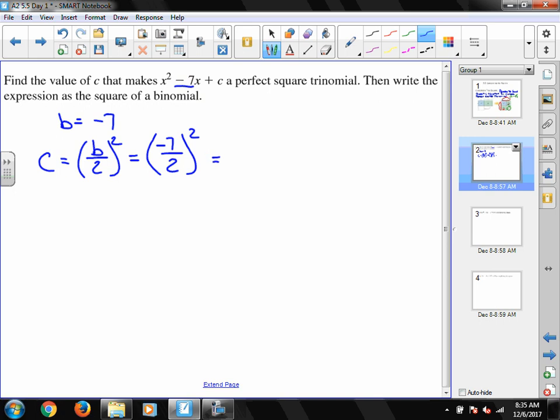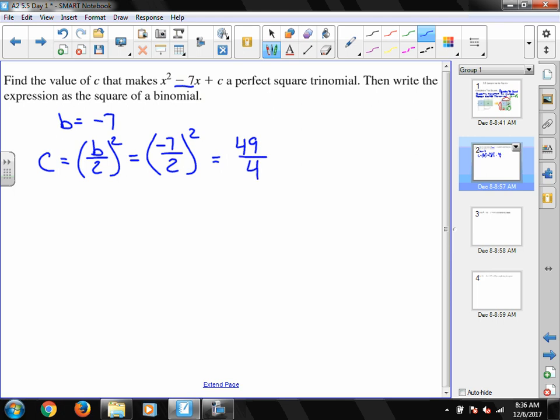And if you square it, put it in parentheses so you get that negative in there. It changes your answer if you do not have it in there. And because we are working with a fraction, we can square the numerator, the top number, separately from the denominator, the bottom number. So I can take -7 squared to get 49, and 2 squared is 4.